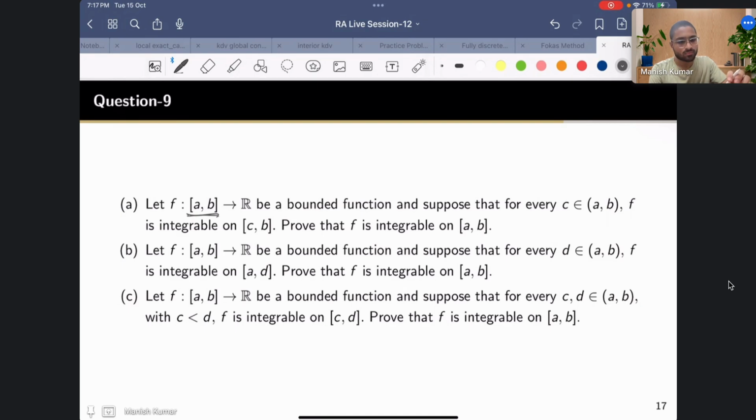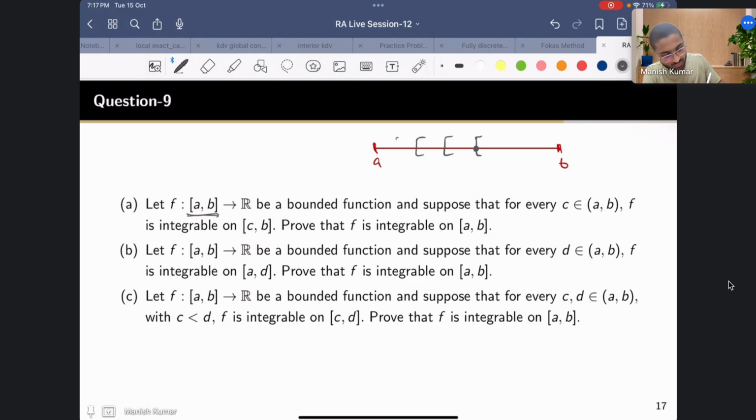So this is your a b. f is a bounded function, and it has the property that if you choose any c in between a and b, then f is integrable on this interval.